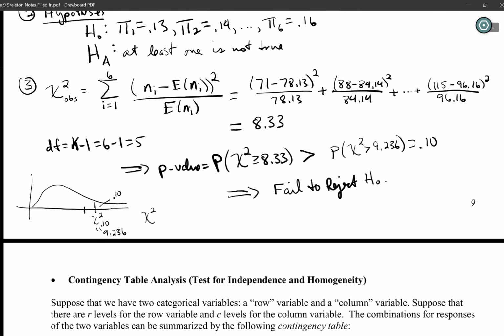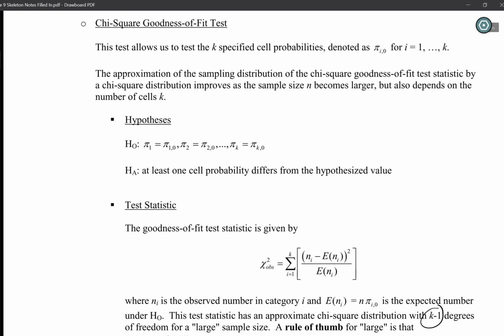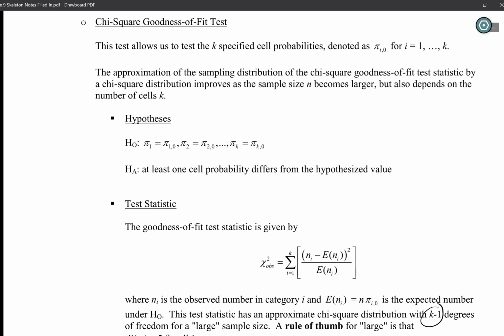So that is inference on several population proportions, in particular testing if several of them are equal to specified values. I do want to say that this test can be formulated similar to a one-way analysis of variance test for comparing several population means. I can force pi 1 naught, pi 2 naught, through pi k naught to be the same number.